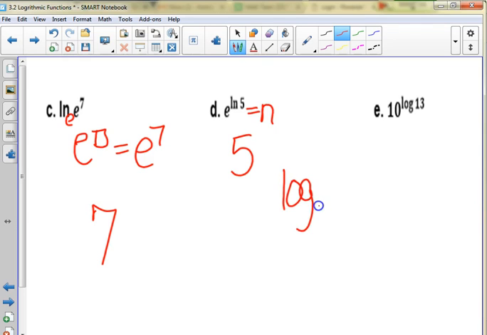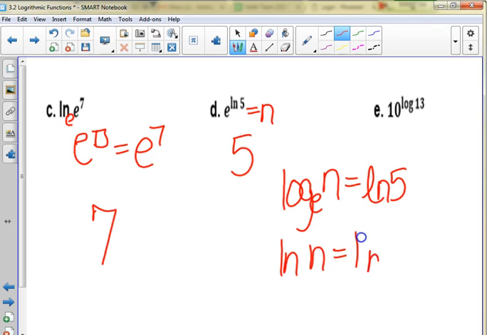Log base e of n equals the power, which is ln of 5. Okay, what is log base e really? Just means ln, right? So now you have this. So this has to be 5. Does that help? Okay, so this also undoes each other and you just get 13.